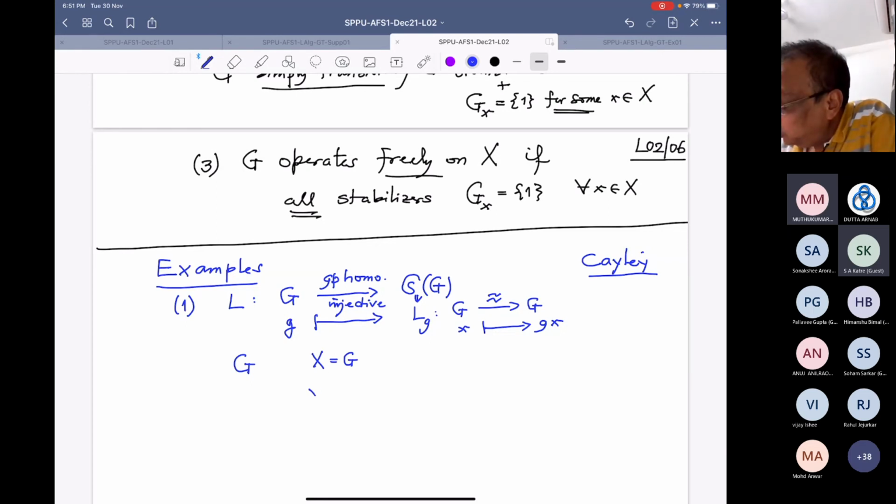So you take small x in X. And then what is the G orbit of this? These are all G multiples of x. So this is g times x.